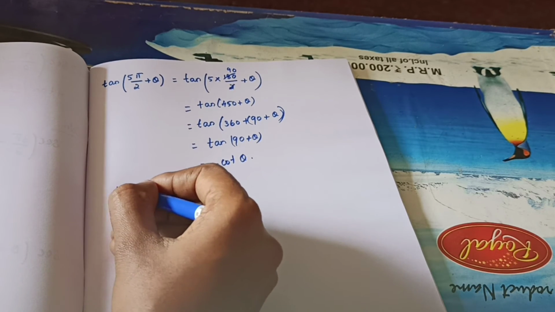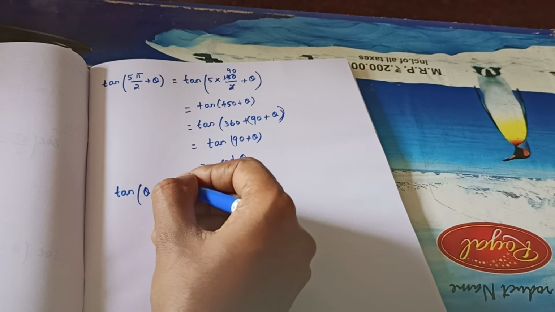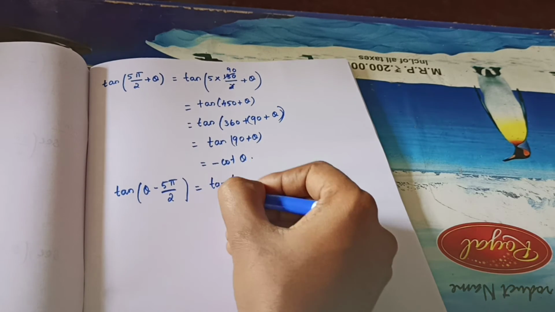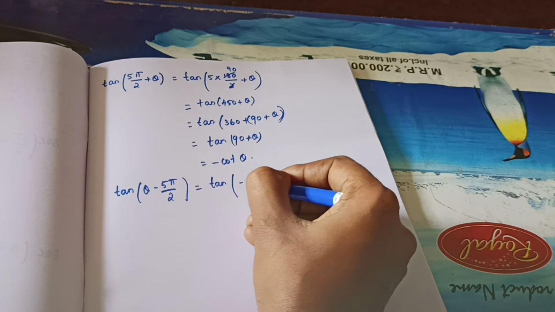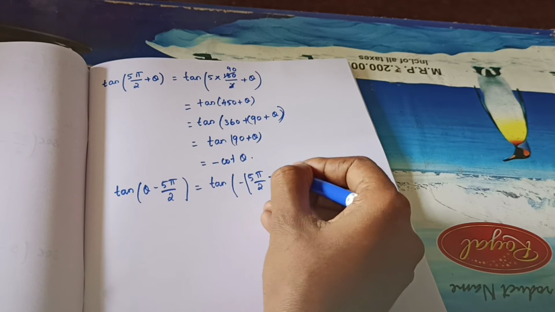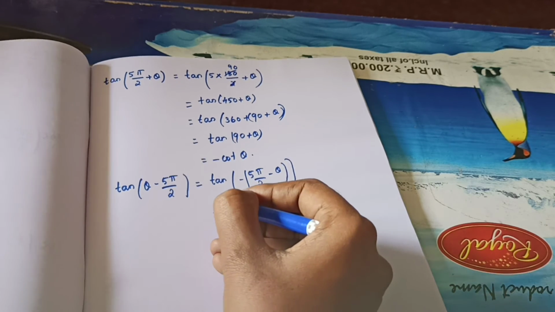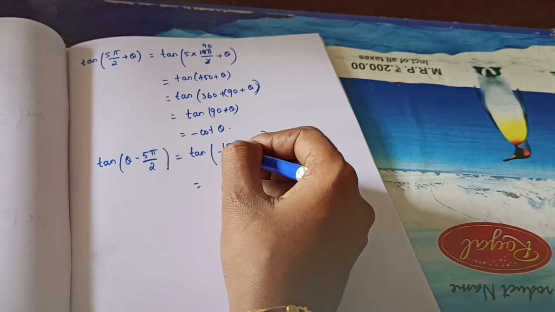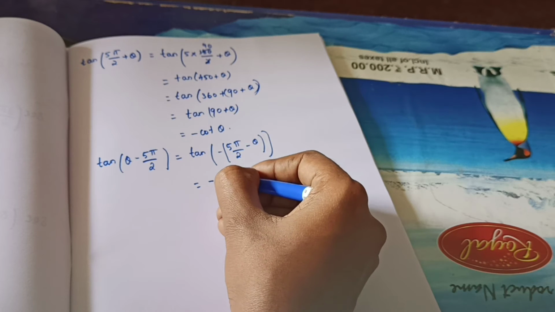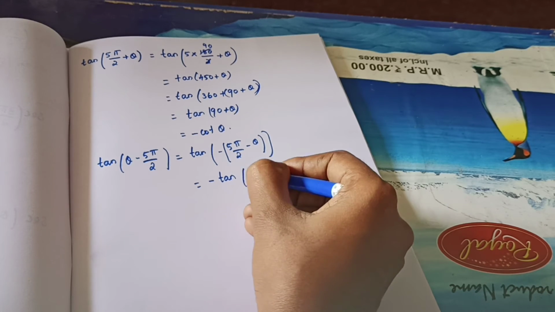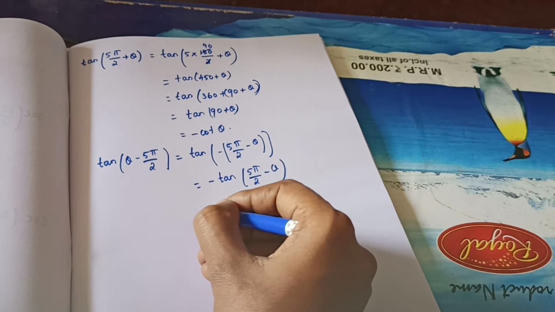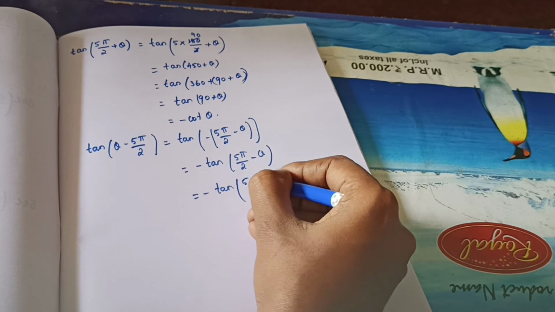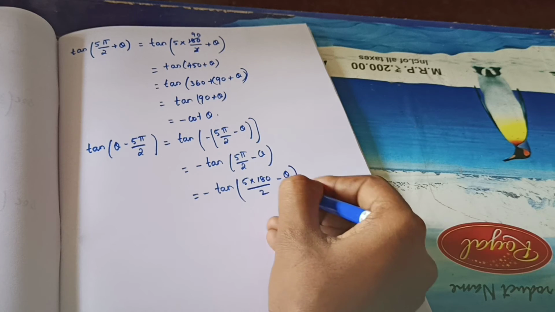Then next one. Tan of theta minus 5 pi by 2. That's equal to tan of, same as that first Roman, you need to change, 5 pi by 2 minus, you took common. Okay. So then tan of minus theta, it's an odd function. Keep it in mind. Tan is an odd function. Okay. So minus theta means minus tan theta you will get. So tan of 5 by 2 minus theta. So if you simplify, minus tan 5 into 180 by 2 minus theta.